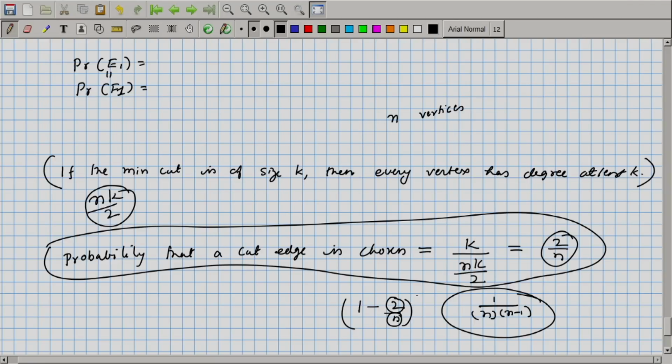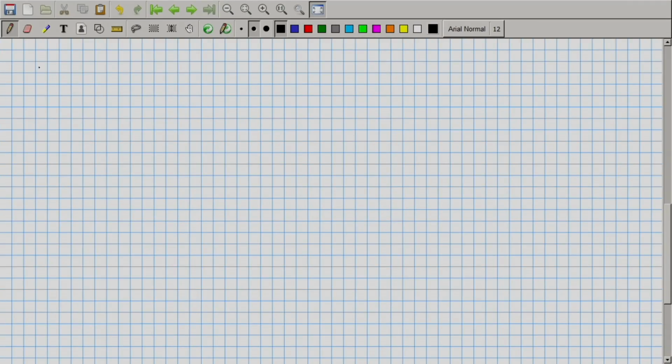What we are interested in is the probability that we never contract an edge corresponding to a cut C. Let us say C was a fixed minimum cut. We will compute the probability that the iterative steps never remove an edge from C. We had introduced certain events.